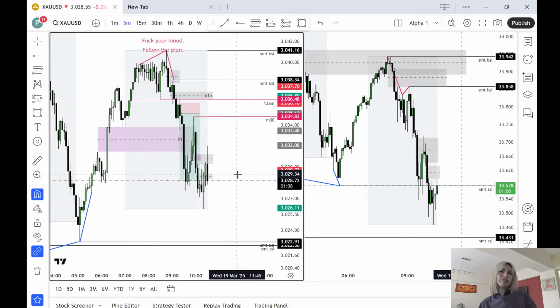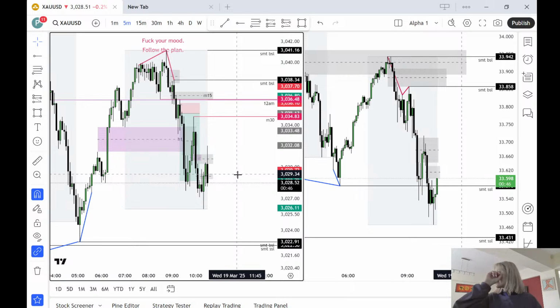But with the 1 minute, if I would trade a 1 minute setup, I would definitely consider taking profit after 20, 30 pips. Because many times you're going to see that once you get an entry confirmation for a 1 minute setup, price will likely give you 20, 25, maybe 30 pips on gold.